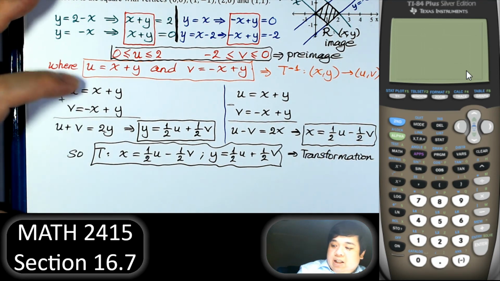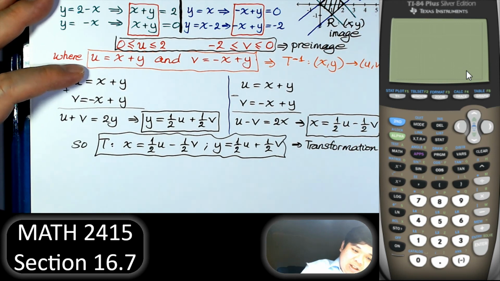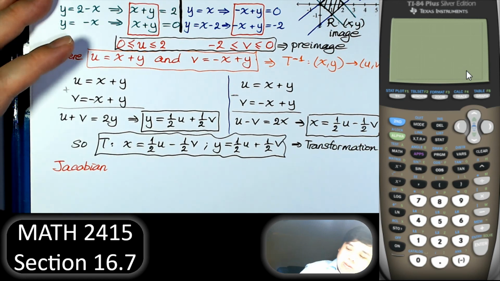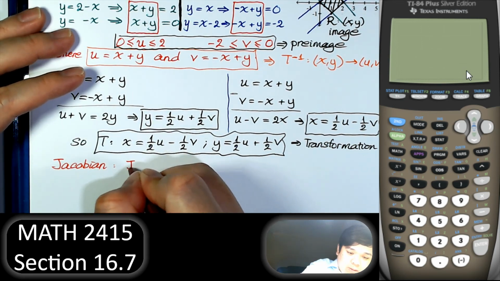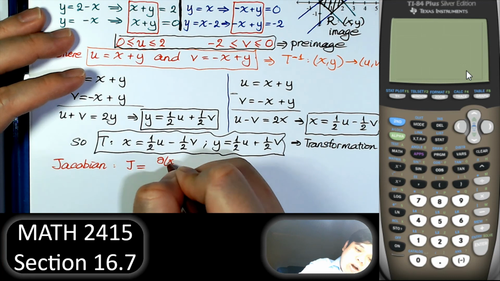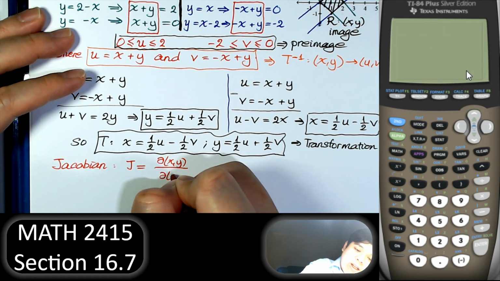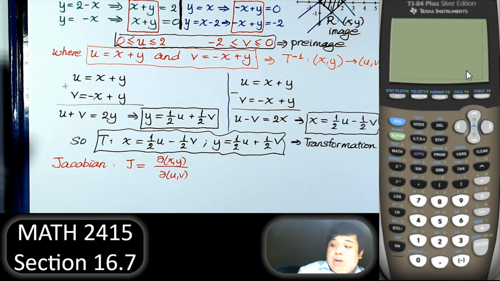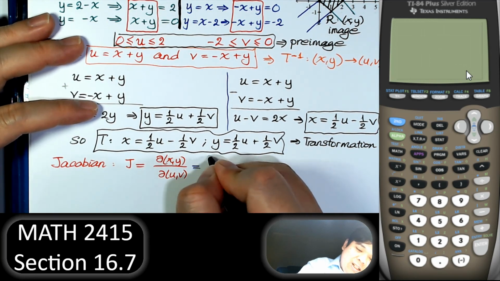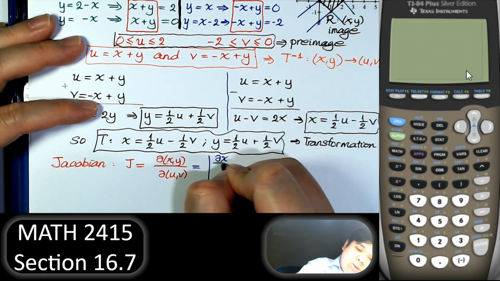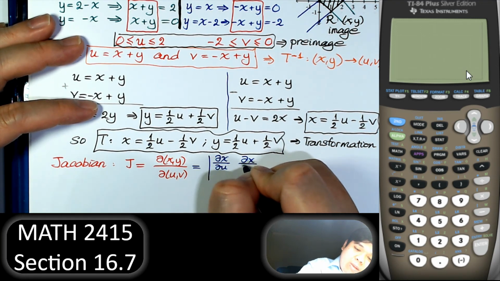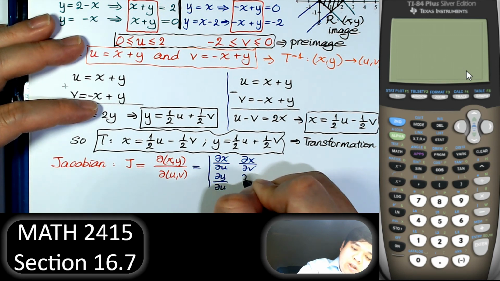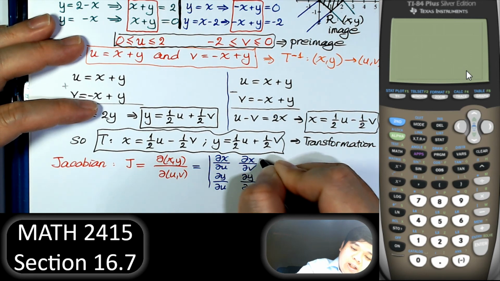Now that we have it, we can find the Jacobian. Partial derivative of xy with respect to uv. Yeah. So I said this is a standard way to do it. Certainly not the best way to do it. But derivative of x with respect to u, x with respect to v, y with respect to u, and y with respect to v.